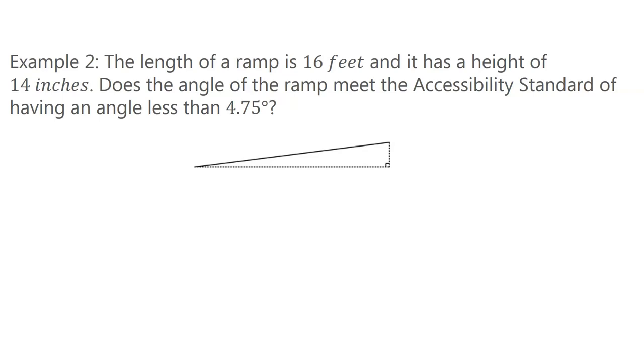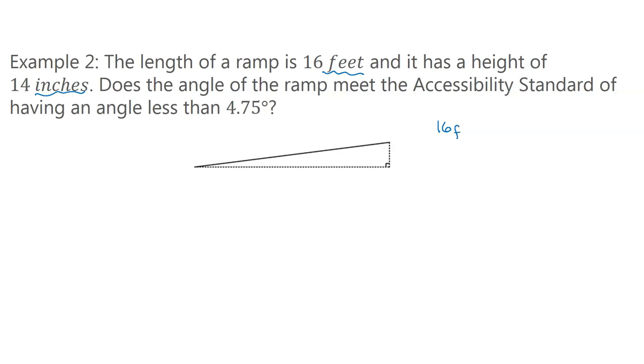Example 2. The length of a ramp is 16 feet and it has a height of 14 inches. Does the angle of the ramp meet the accessibility standard of having an angle less than 4.75 degrees? Well, the first thing I notice is that this is in feet and this is in inches. So we're going to have to change the feet into inches so that they're the same units.